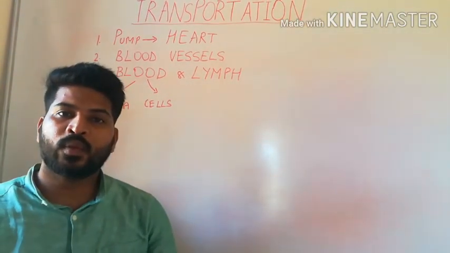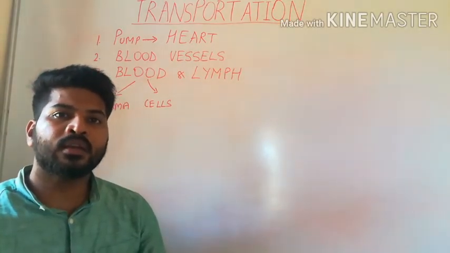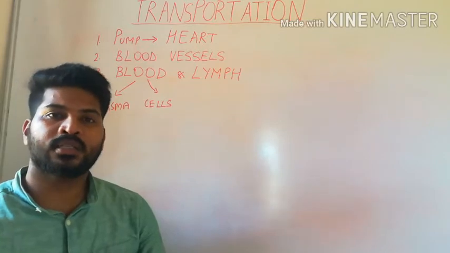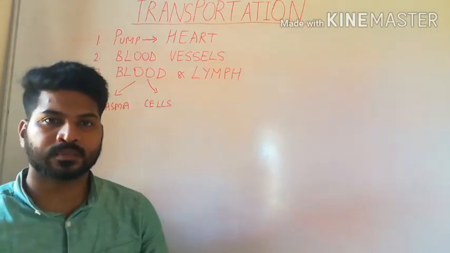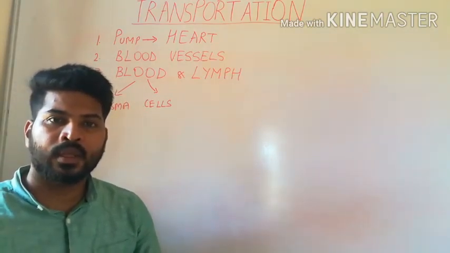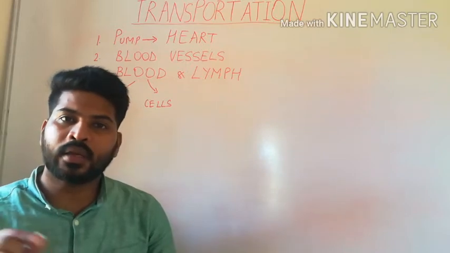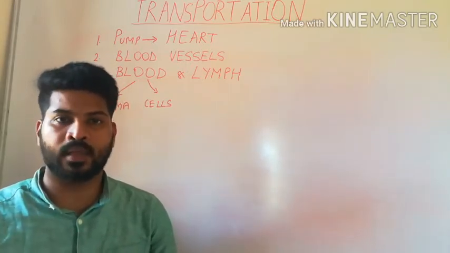Now, if there were any wound or tear in the circulatory system, there should be an auto-repairing mechanism. For instance, let us say a blood vessel is cut. If the cut is not repaired, there will be loss of blood, leakage of blood all the time.